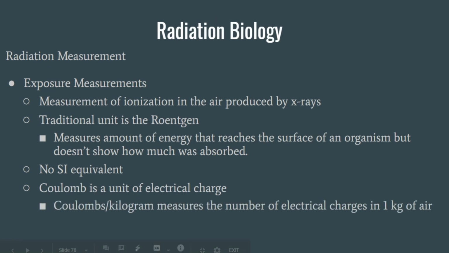So a coulomb per kilogram is going to measure the number of electrical charges in 1 kilogram of air. Remember though, these two things are not equal. They are measuring different amounts. They are, in a sense, measuring different things.